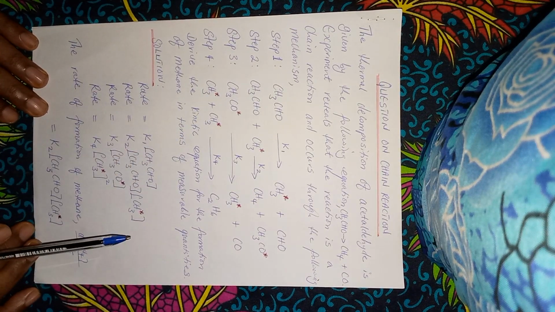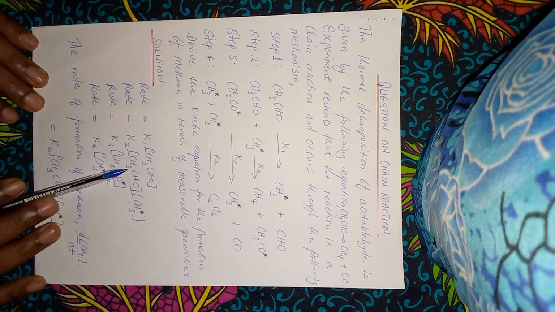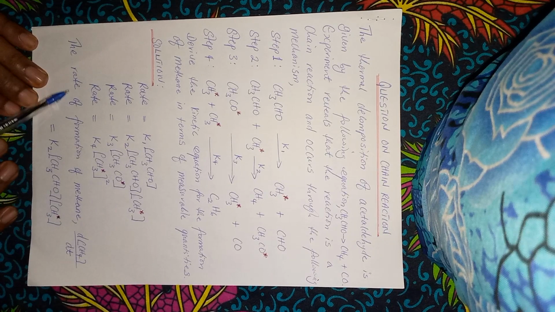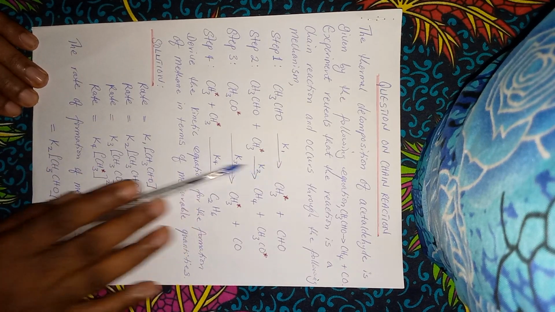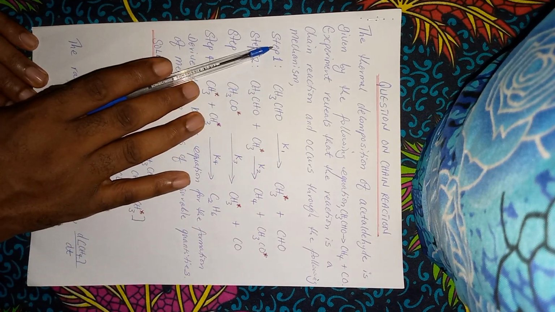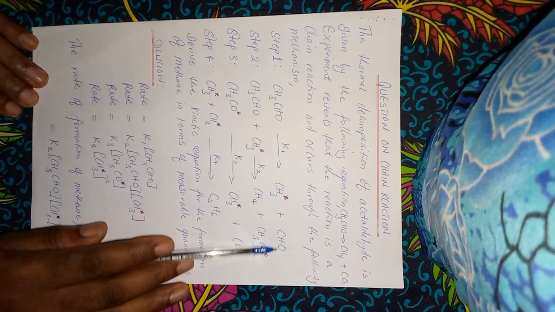in step 4. Then after writing the rate for each of the steps, we now put down the rate of formation of methane, which is equal to K2 in bracket CH3CHO, then in bracket free radical CH3. This is as a result of looking through the mechanisms. In step 1, if you observe, there is no CH4 present.